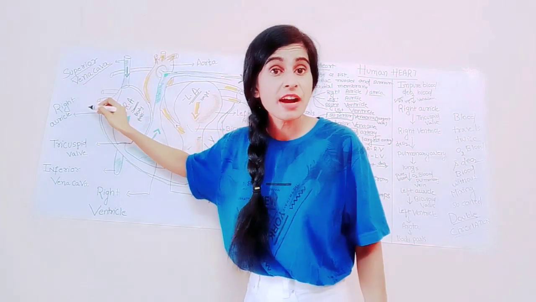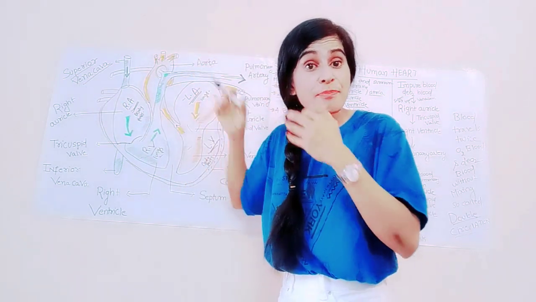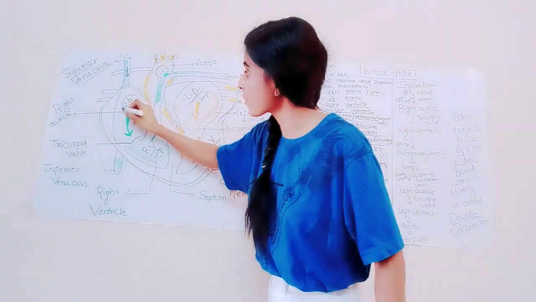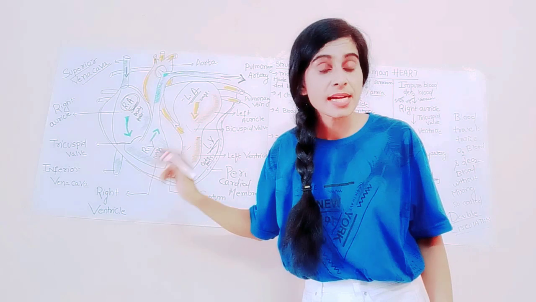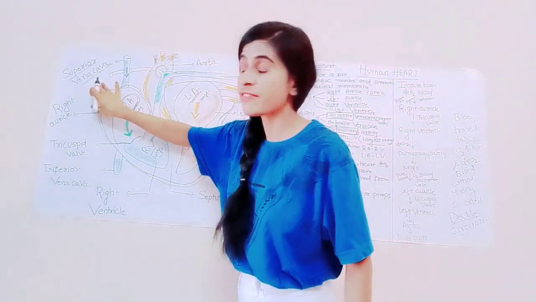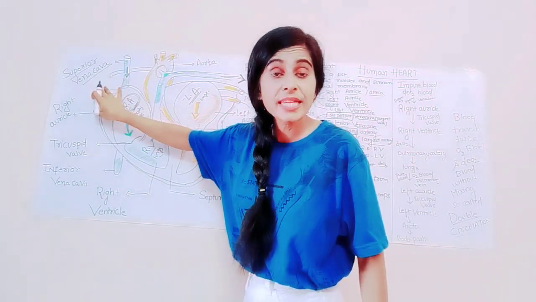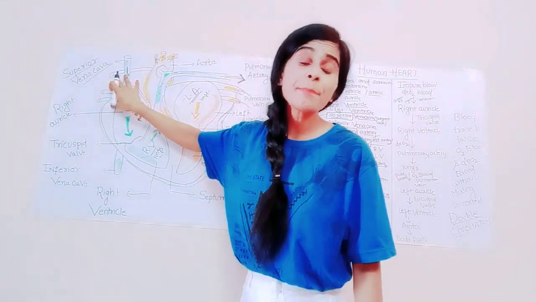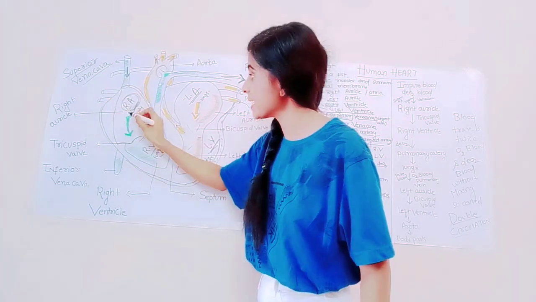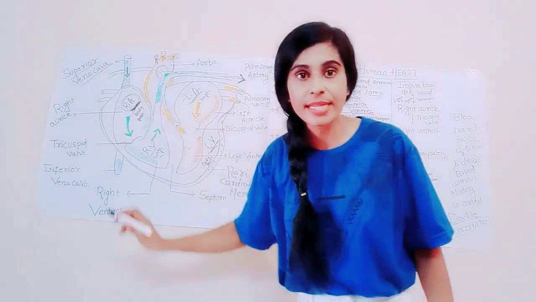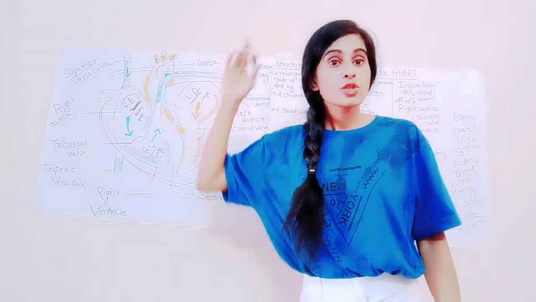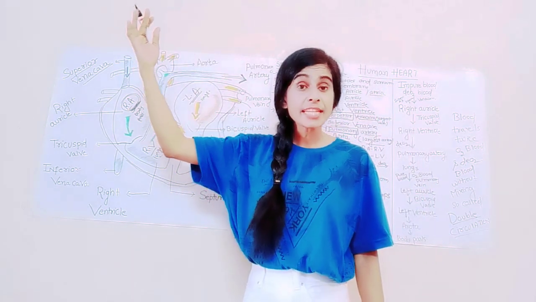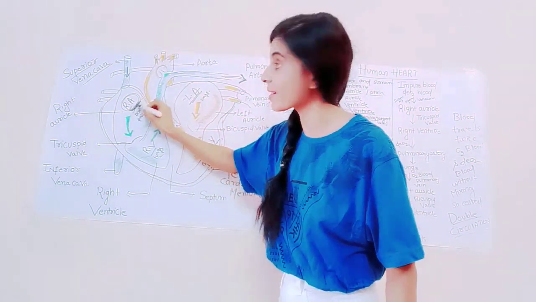The superior vena cava will receive blood from the upper part of the body and enter it into the right auricle. Understood?